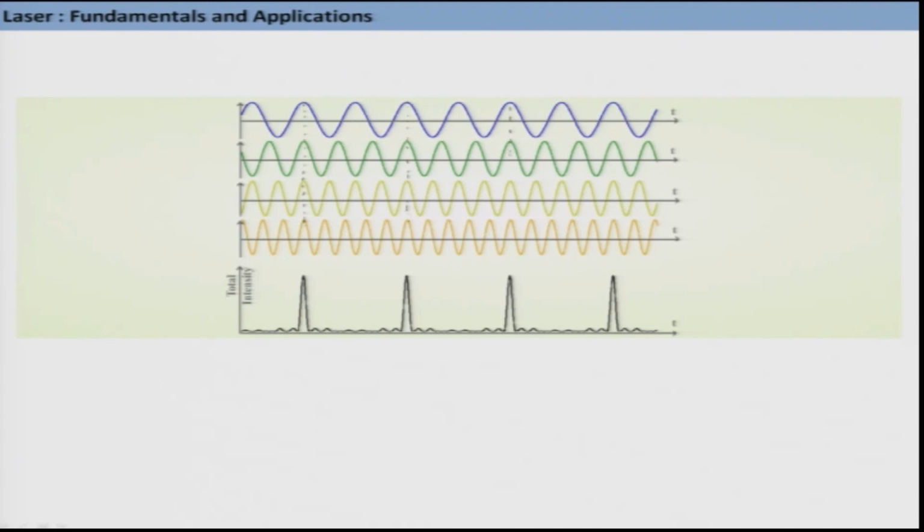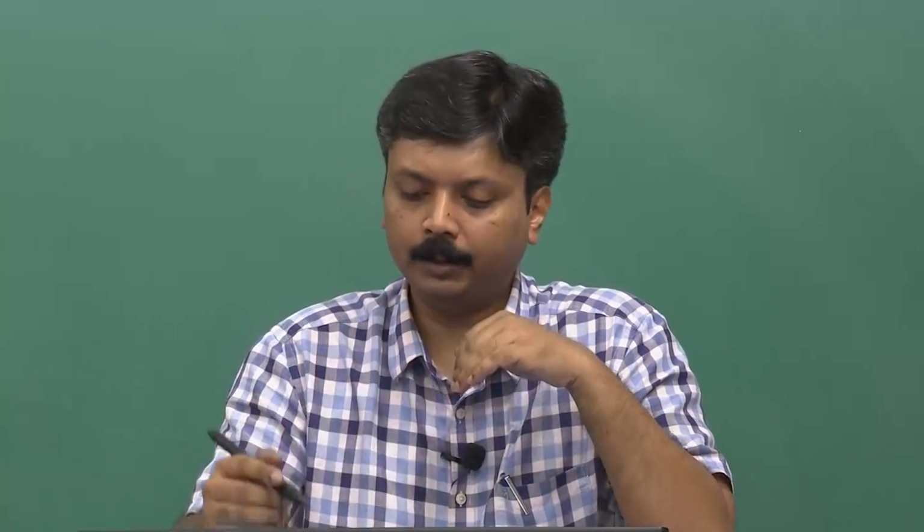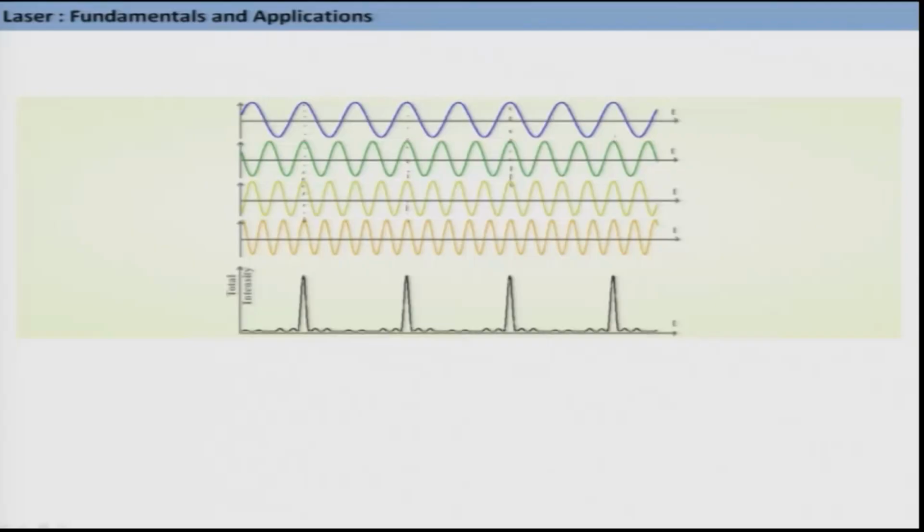If I am looking at the green one, after every 3 waves they repeat themselves, the condition of constructive interference. So, there will be constructive interference at a certain point in the time window. At a certain time there will be constructive interference, everywhere else there will be destructive interference.